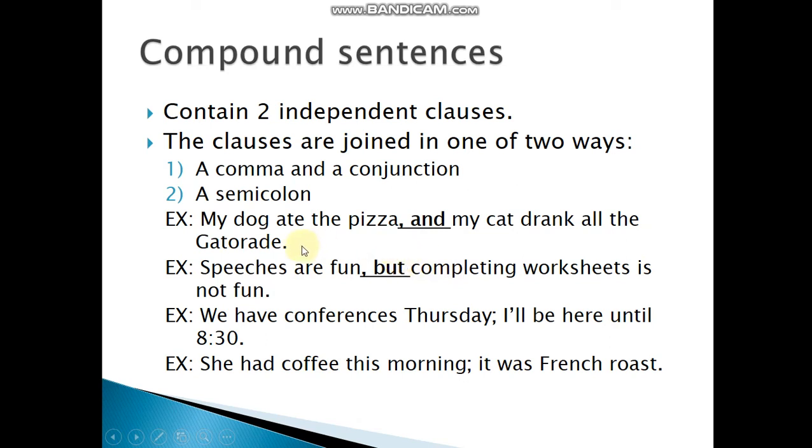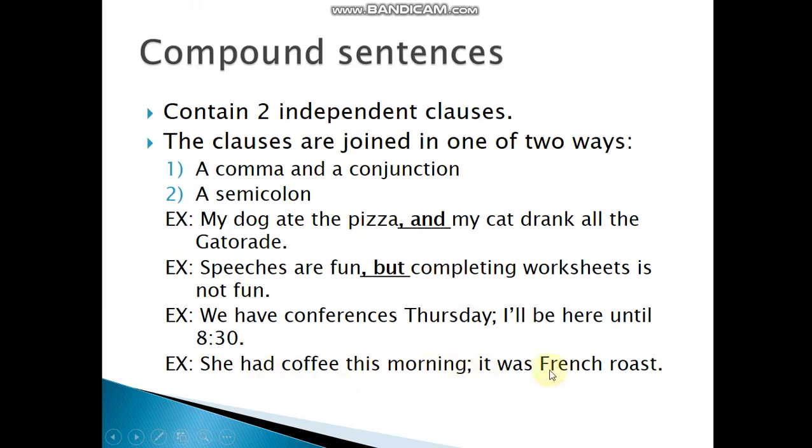Remember, compound sentences have 2 independent clauses. Independent clauses again contain one subject and verb combination. So we have conferences on Thursday. As you can see, a semicolon is joining 2 independent clauses in the sentence, and another semicolon in sentence number 4.